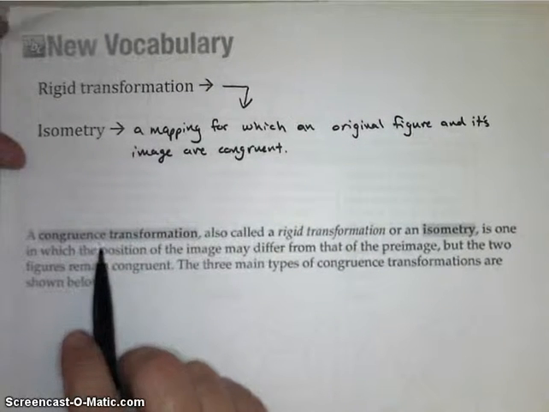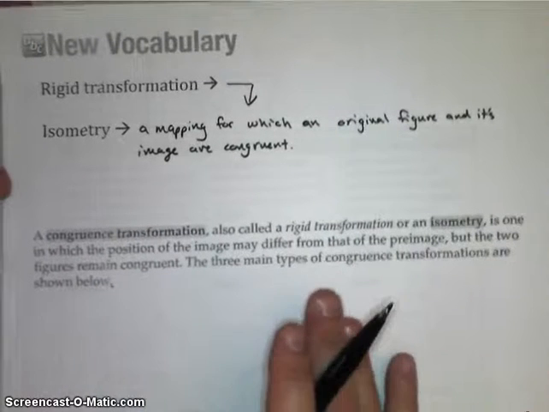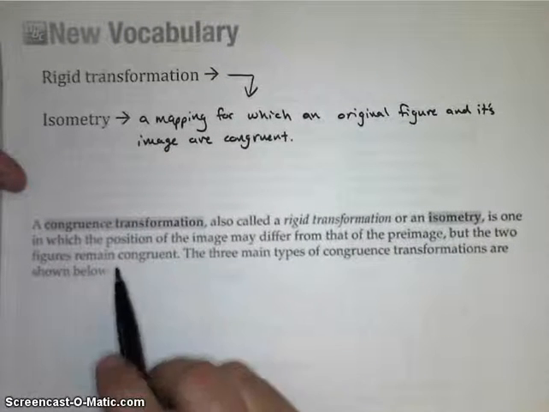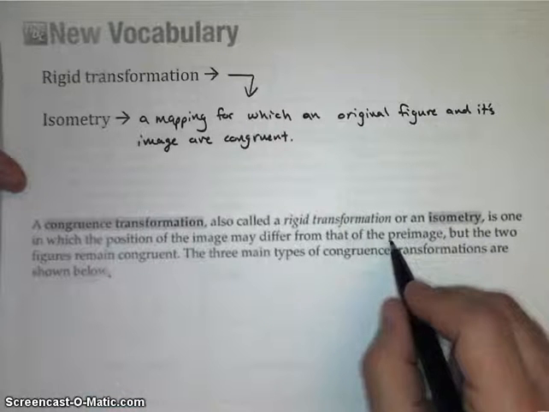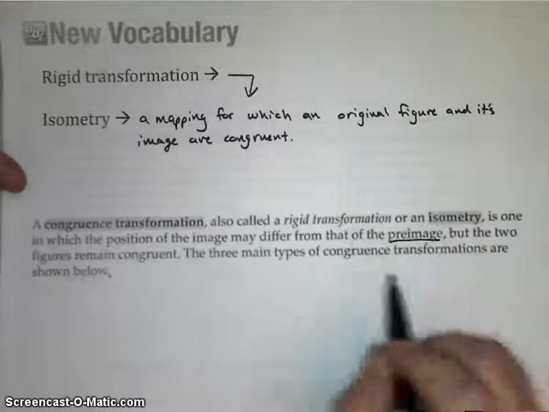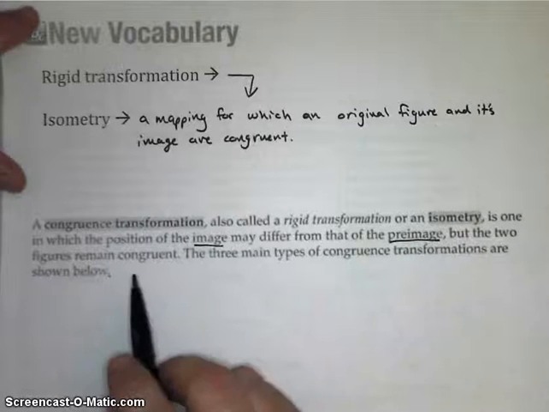And we call this a congruence transformation also. The position of the image and its original figure may differ. The original figure we call the pre-image, and after you move it, you call it the image. But the two figures remain congruent.